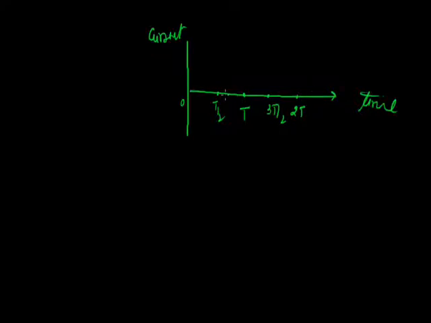Rotation here will be 180 degrees, here is 2 pi. For the first half cycle, suppose current is positive, this is maximum current, here will be 0. Again for the next half cycle it will be negative. The graph will be in this way. Here is T/2, T/4 and so on. This is 3T/4. This current is positive for the first half cycle and negative for the second half cycle.